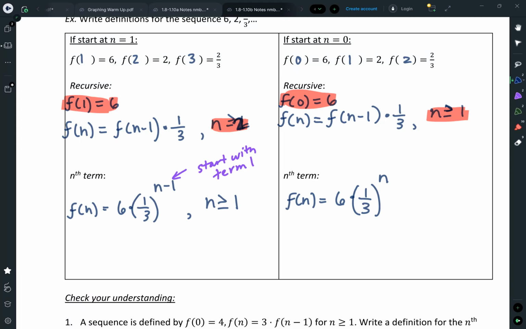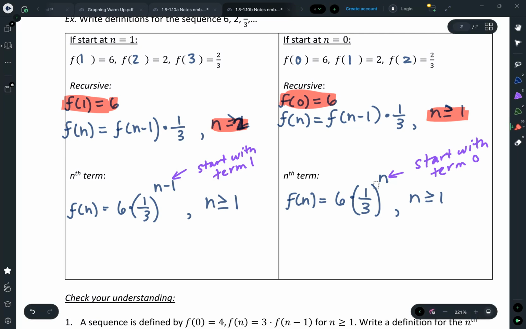And again, it's like we had n minus 0, right? Because we're starting with term 0, but the minus 0 doesn't matter. So same thing. And then this is for n greater than or equal to 1 again. Start with term 0. And then we're going to highlight our differences.